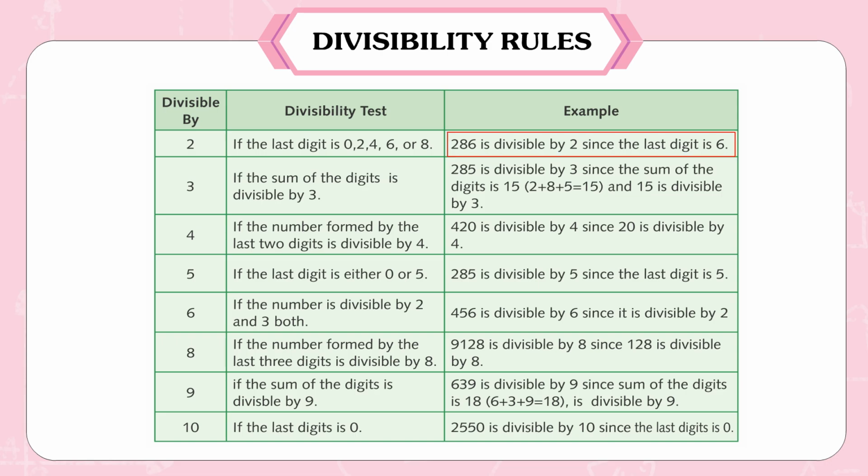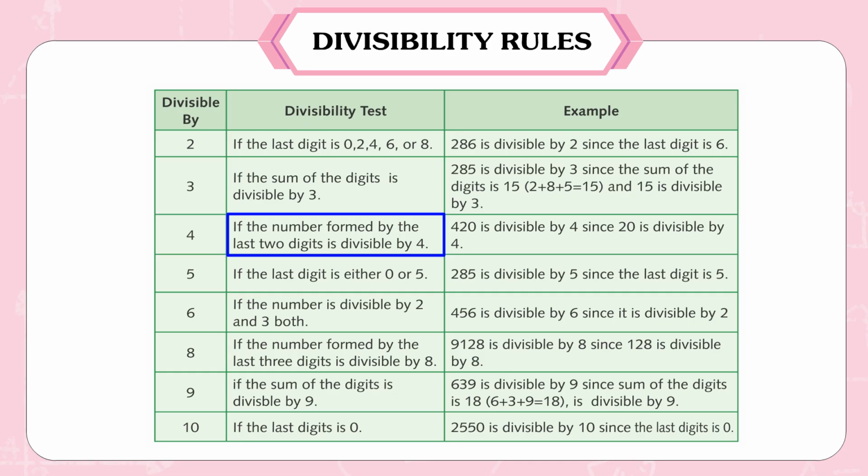Example: 286 is divisible by 2 since the last digit is 6. 3: If the sum of the digits is divisible by 3. Example: 285 is divisible by 3 since the sum of the digits is 15 (2 plus 8 plus 5 is equal to 15) and 15 is divisible by 3.